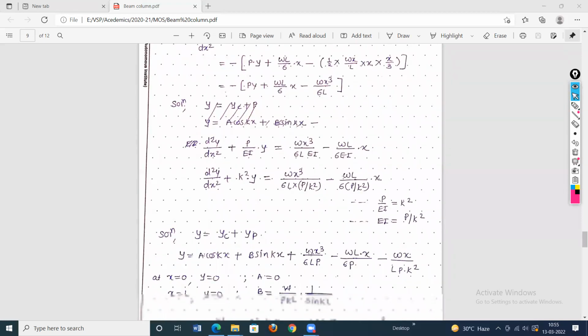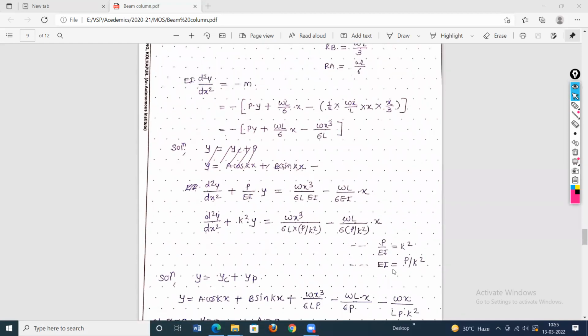Before that, rearrange the terms of the equation. Divide the complete equation by EI and take some terms from the right hand to the left hand.